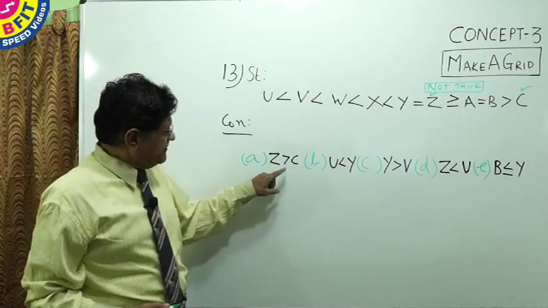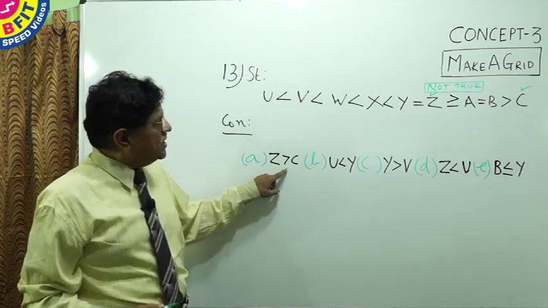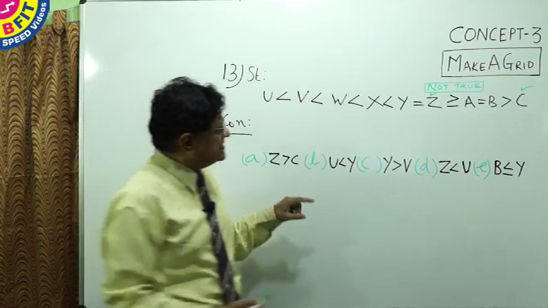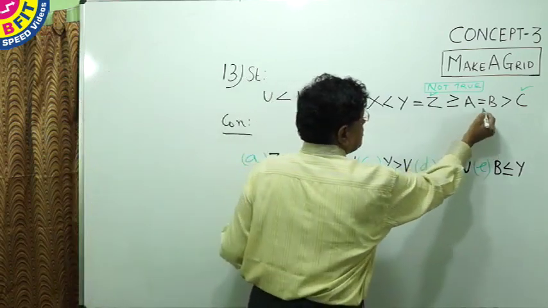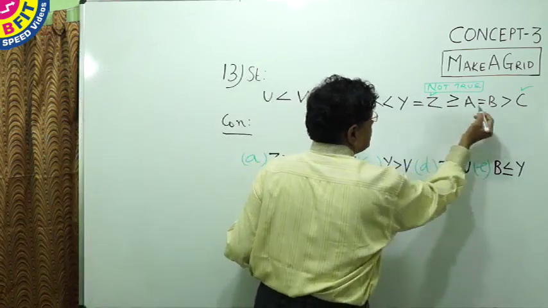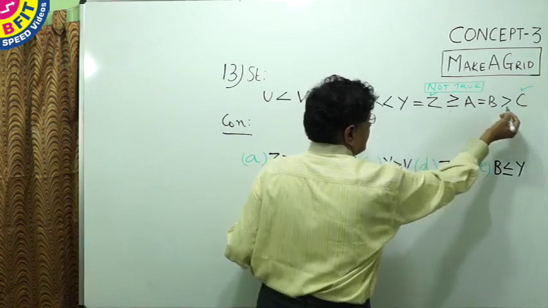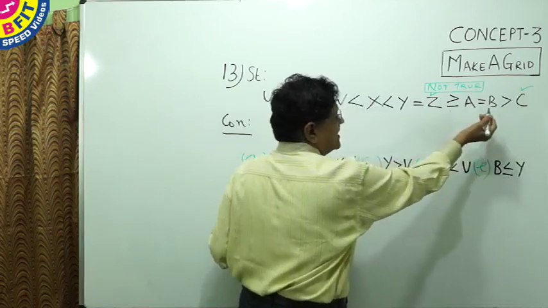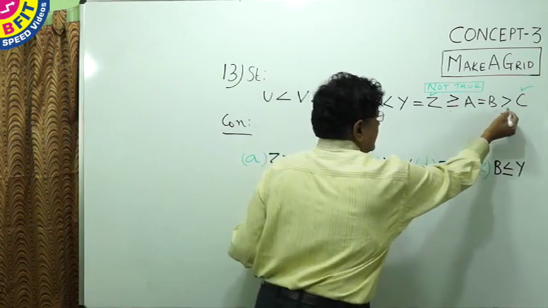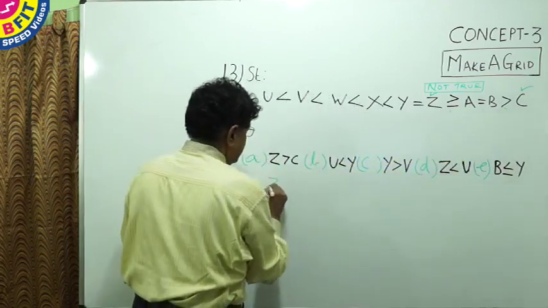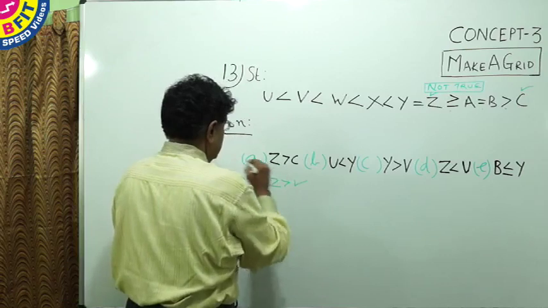What are the symbols in between Z and C? Greater than, is equal to, greater than or is equal to, greater than. Between the 3 symbols, which has got priority? You know this has got priority. Therefore Z is greater than C is true.